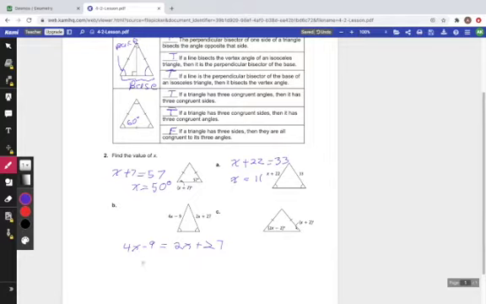We would subtract 2x from both sides, giving us 2x, and we would add 9 to both sides, giving us 36. So 2x is 36, meaning that x is 18.